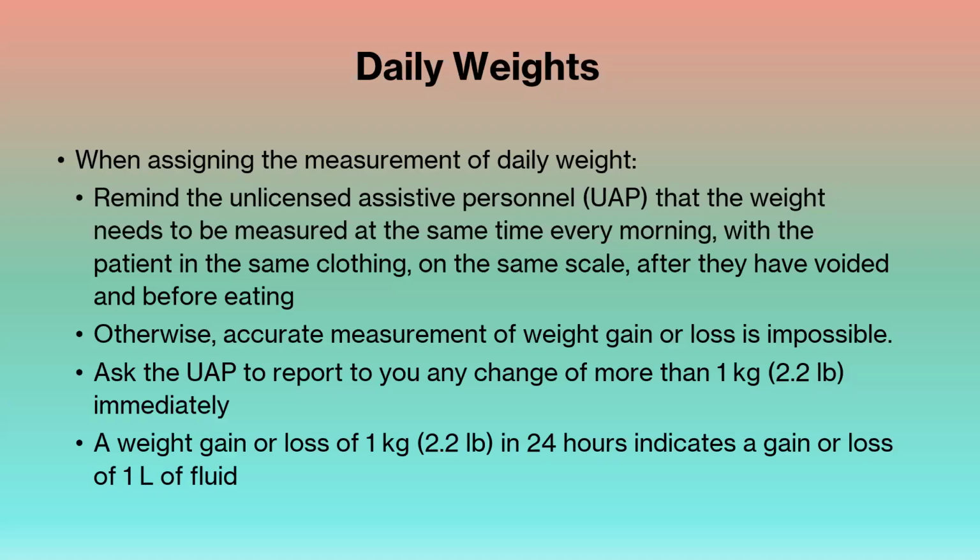Accurate measurement of weight gain and loss is sometimes impossible, especially if we're doing this at different times using different scales. Also, if the patient is in a wheelchair, we should know the weight of the wheelchair. Don't change the wheelchair on that patient. Make sure that they're using the same wheelchair and wheelchair scale to be weighed on, because that may change what we're seeing. If we have a 5 pound weight gain, is it because we changed the scale, or if we change the wheelchair, it may not be that the patient is in a fluid overload. And I can't assess that if we're not doing everything the same every day.